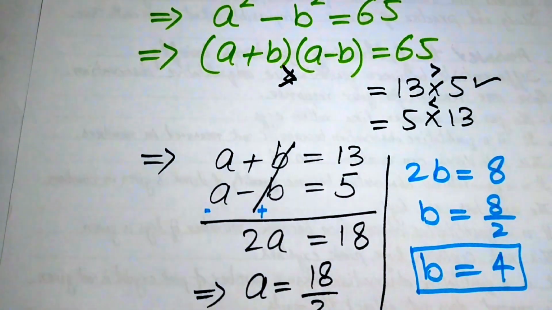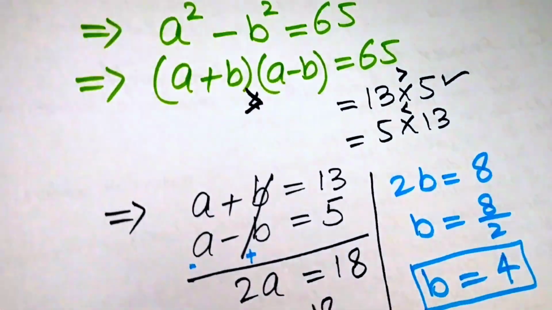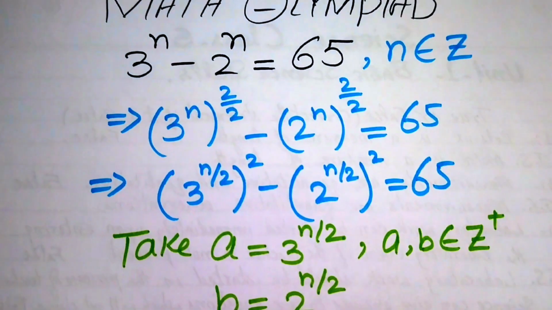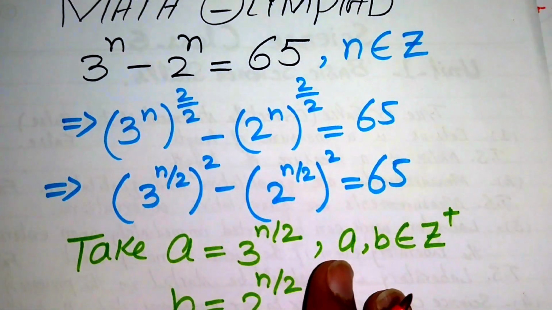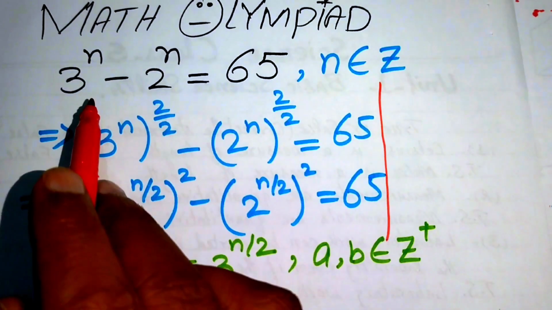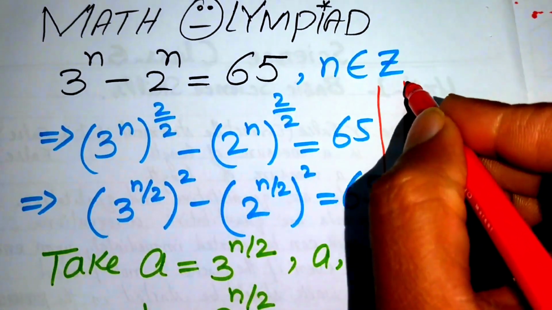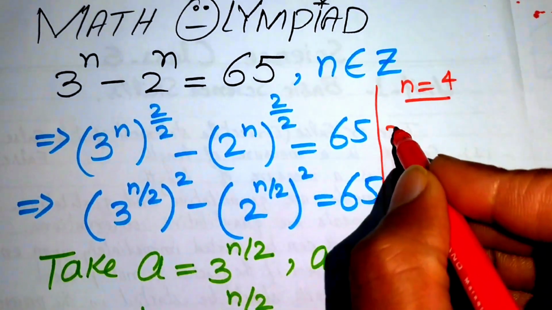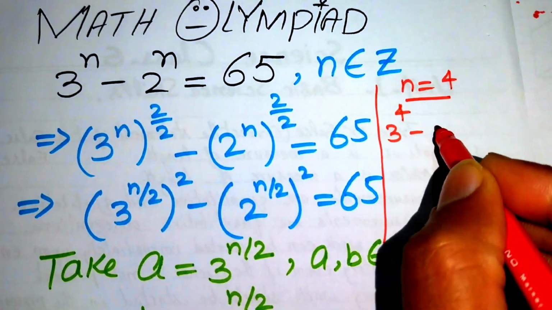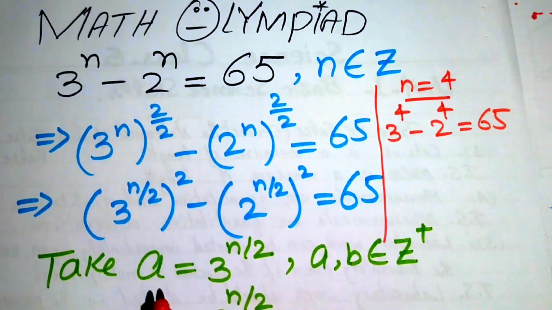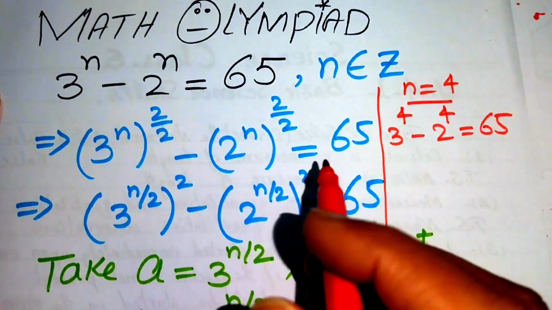And now we check whether the value of n satisfies the given question or not. This is our given question statement, and now we put n equals 4 on the left hand side, and you get 3 to the power of 4 minus 2 to the power of 4 equals 65.